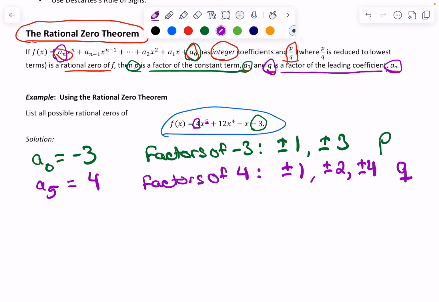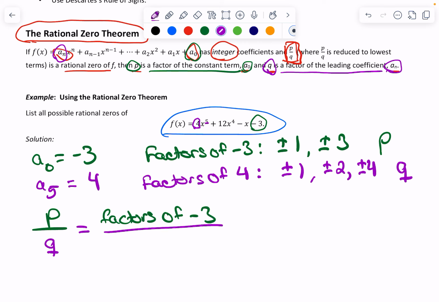Okay, now we're going to go ahead and use this p divided by q. So p divided by q. So that means that we are writing the factors of negative 3 and dividing them by factors of q.